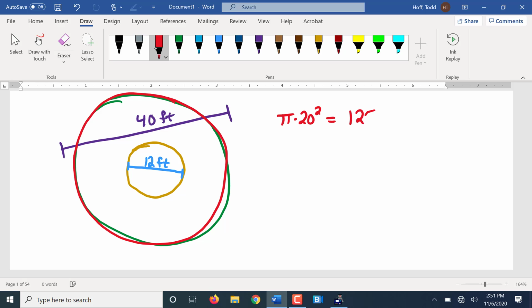So 1,256 square feet. And then what do we have to subtract out? The 12-foot fountain. So how do we find that area? Perfect. So what's that give us?